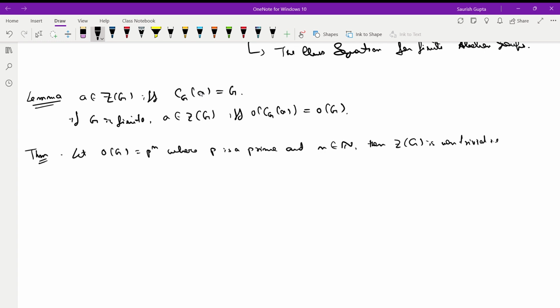That is, the order of Z(G) is always greater than 1, or at least it's not equal to the identity. You can represent it any way you want. Okay, so how do we prove this? Proof.